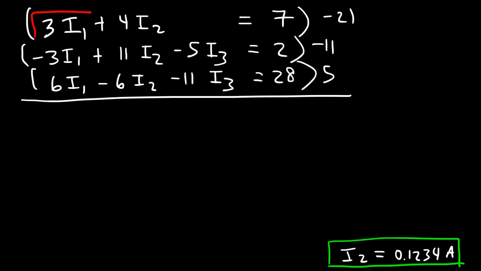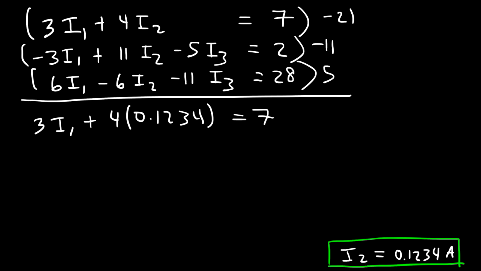Now let's use the first equation before we multiplied it by 7 to calculate I1. So it's going to be 3I1 plus 4I2, or 4 times 0.1234, and that's going to equal 7. So 4 times 0.1234, that's 0.4936.